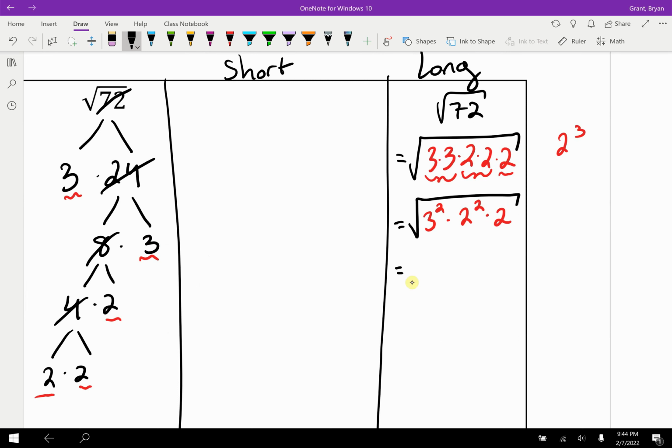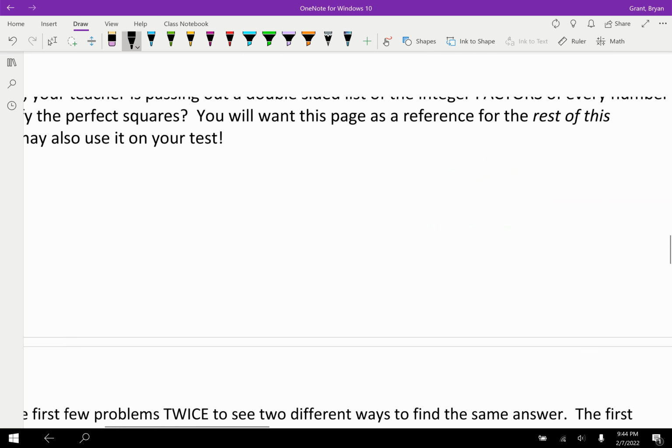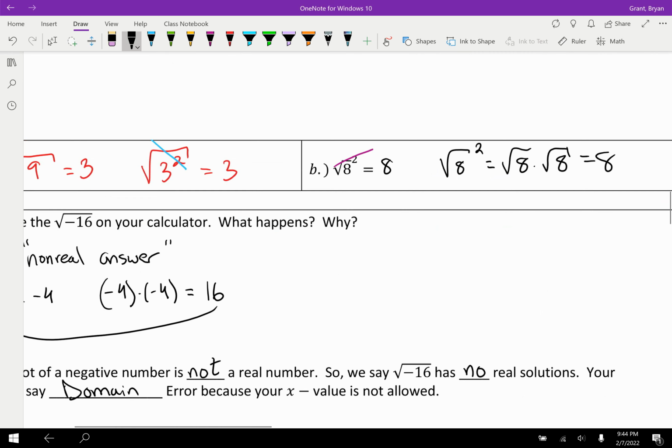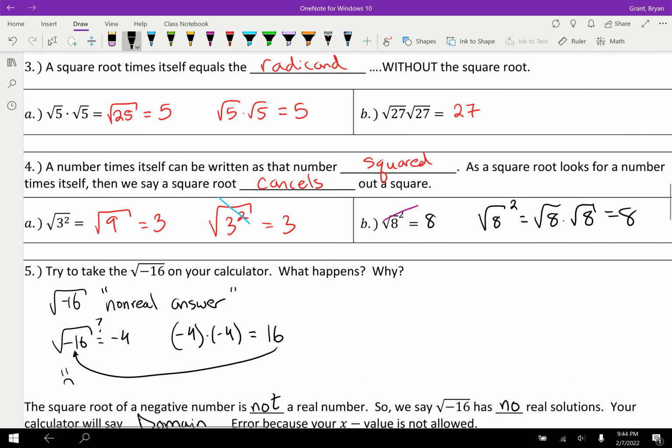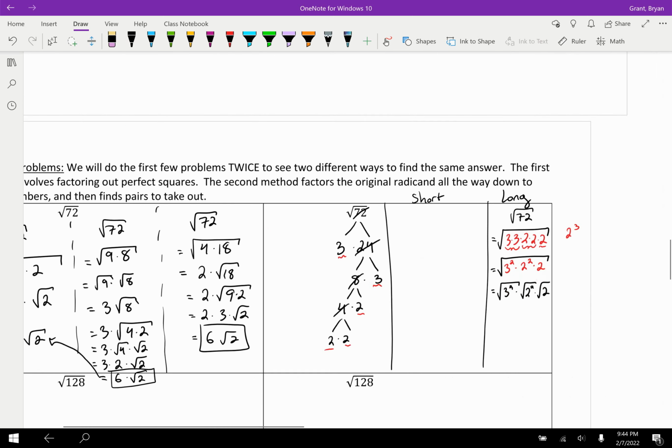The reason that I didn't do that is because when I split this, and we are going to split this again, into individual square roots, we need to remember something about a square root and a square from the previous page. What happens when you have a square root and a square? Oh, that's right. We say that they cancel each other out.